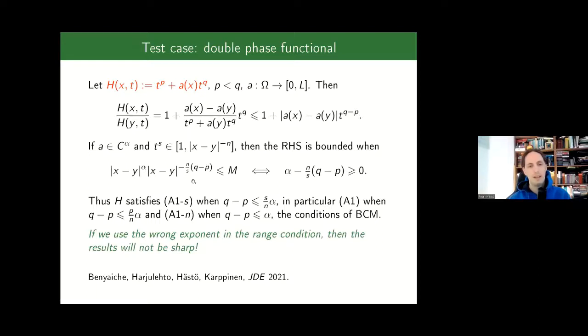And then I get this upper bound for the right-hand side. And now we are interested in when this is bounded. And here, this x minus y is a small distance. So that means that this total exponent here should be non-negative. So we get this inequality.